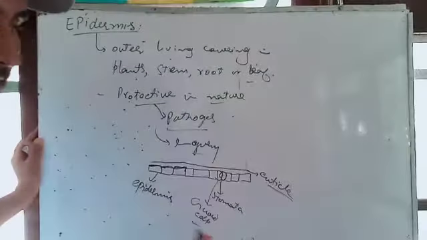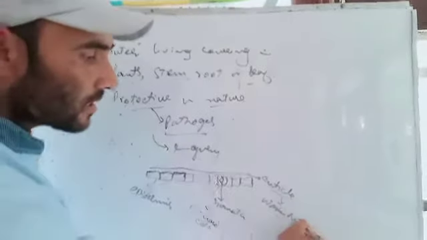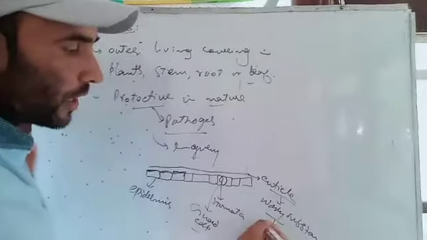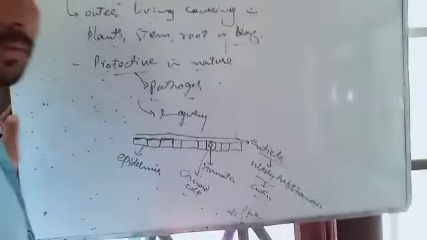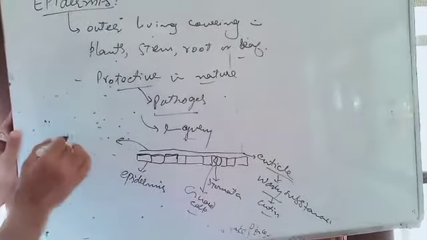It is a waxy substance made of cutin. This cuticle prevents water loss.